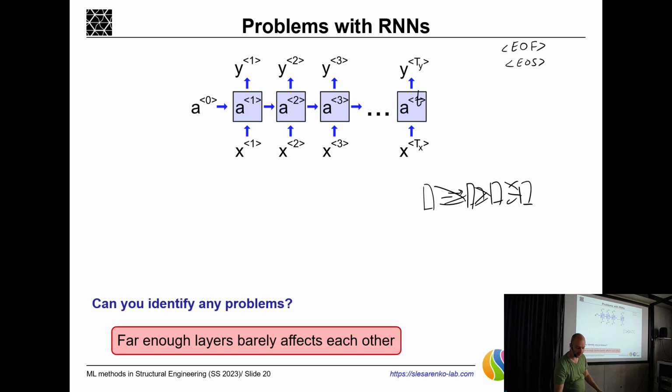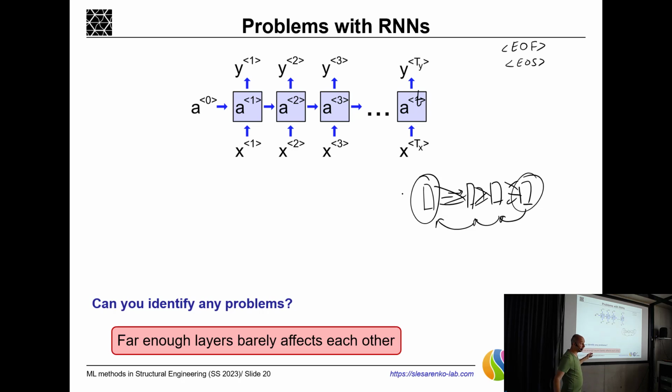When we update our weights, just going backwards with the gradients and all, it's one of the first lectures that we discussed. Even in a dense layer, you can see that this layer and this layer are not affecting each other very strongly, because the signal, the information, propagates through two more layers here.